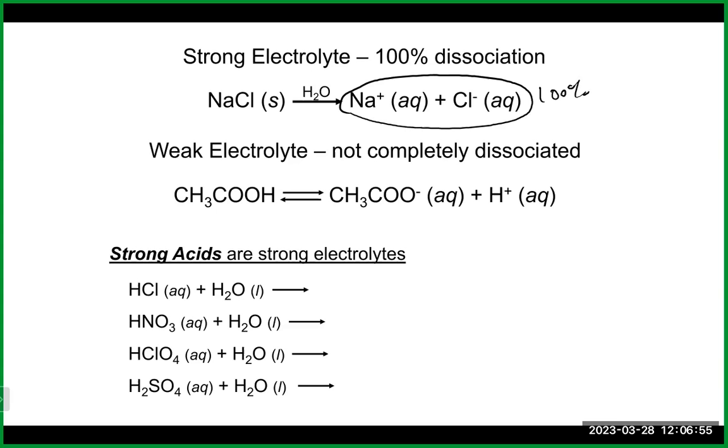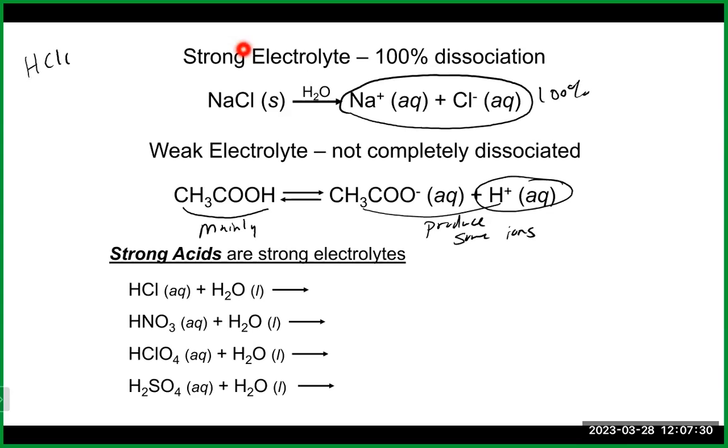A weak electrolyte, on the other hand, pretty much will stay together, but it will produce a few ions. So this is acetic acid, which is a weak acid. This will be mainly what you have in solution, but you will produce some of these. Because it is able to produce some ions, in the case of acetic acid, some H+, it's still considered an acid, but it is nowhere near a strong acid like hydrochloric acid, which will 100% break apart into H+ and Cl-.